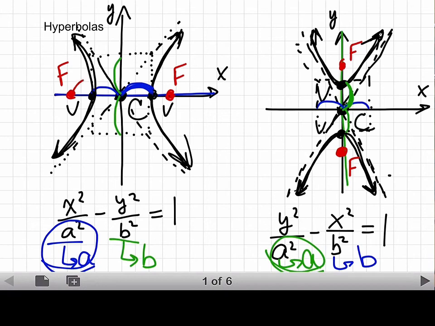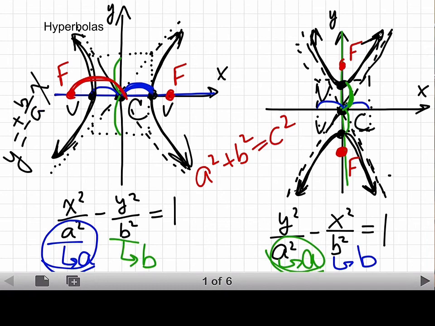And then to find the distance to the focus, we're going to be using a squared plus b squared is equal to c squared. Finally, the equations of the asymptotes will be y equals plus or minus b over a times x in the case that we're horizontally oriented. And if we're vertically oriented, we're going to use y equals plus or minus a over b times x.